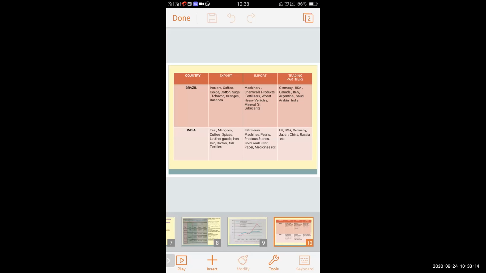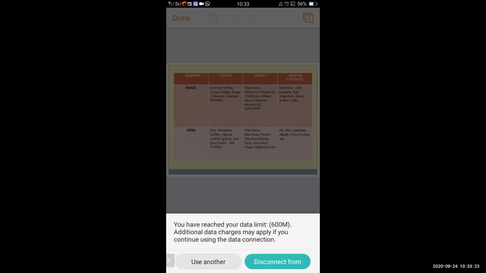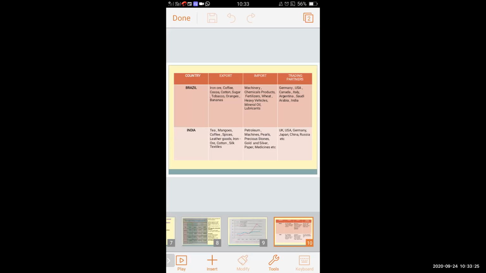The raw material which they have more in production, they export, and the goods which they need for the development of industries, they import from other countries. So this chart gives us a clear idea of the export and import and the trading partners of both the countries.